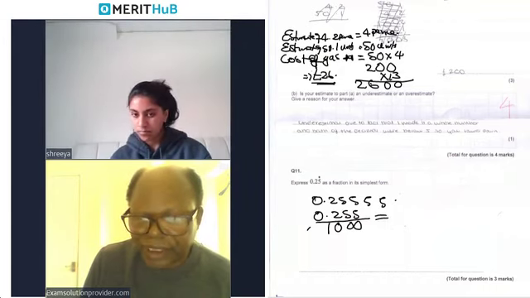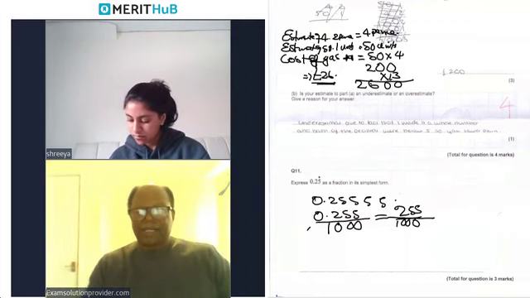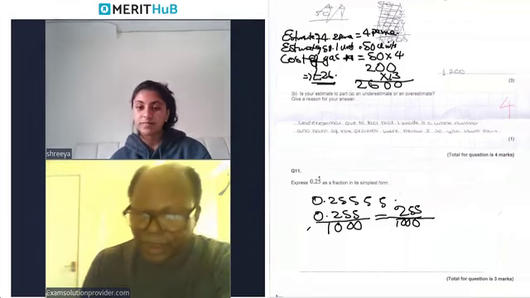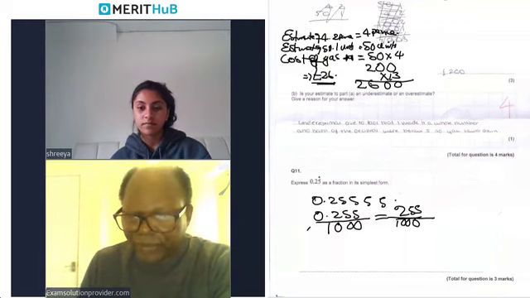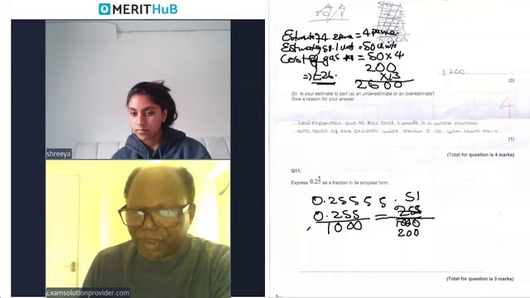So we have changed this to 255 over 1,000, which makes life easier. We can divide by 5. 5 into 10 is 2, 5 into 25 is 5, 5 into 5 is 1.